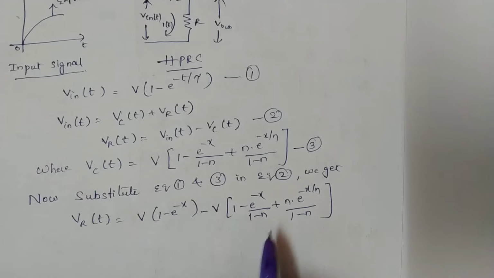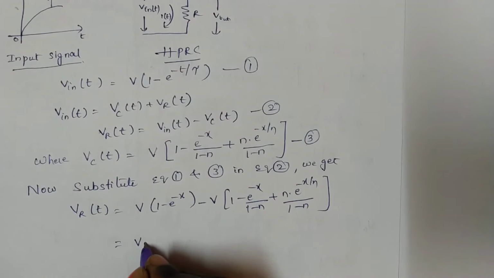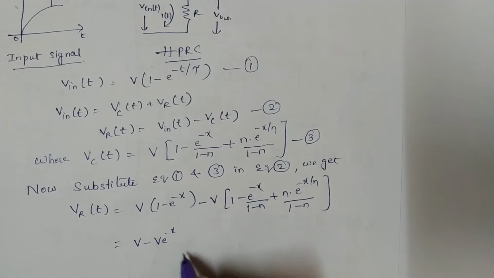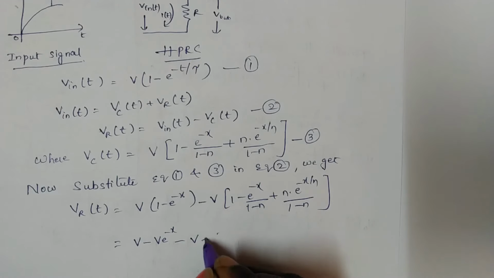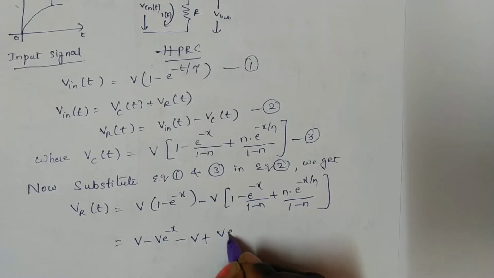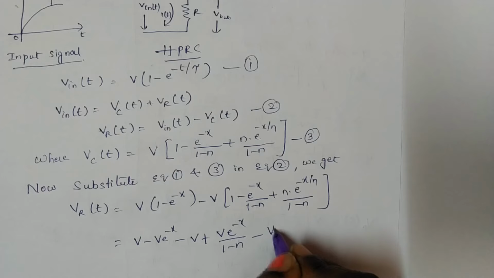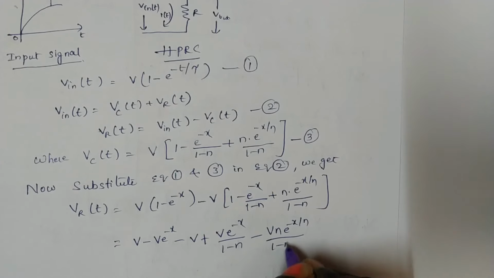Now multiply and simplify each term: V minus V into e power of minus x, minus V plus V into e power of minus x by 1 minus n, minus V into n into e power of minus x by n by 1 minus n.